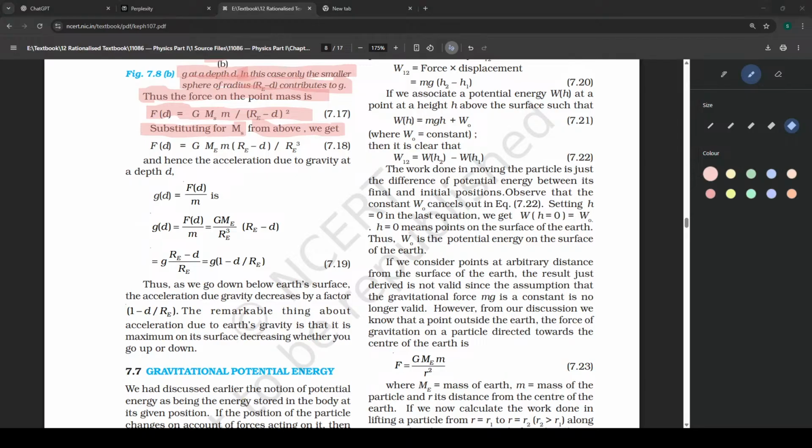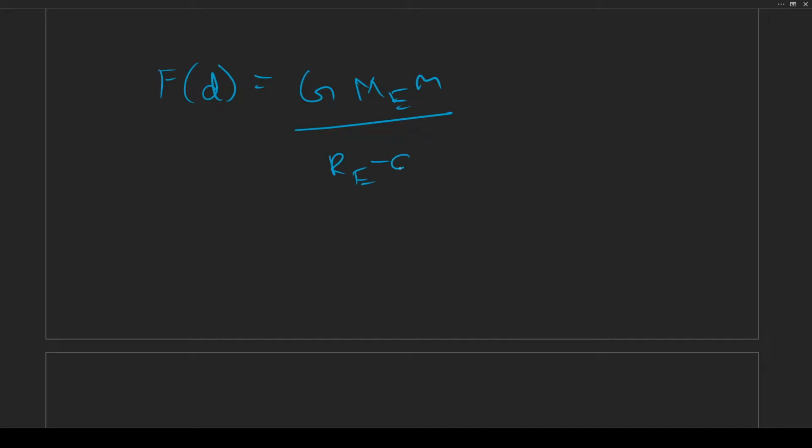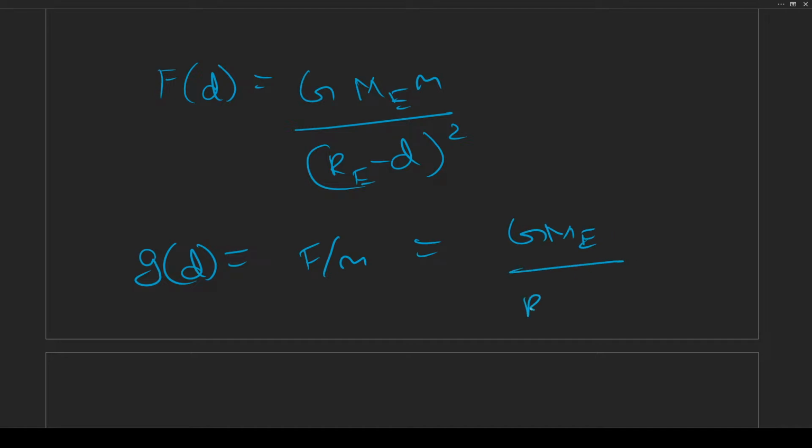Basically, force at depth d is equal to G M ms by (Re minus d) whole square, and g at depth d is F by M, which is G ms by (Re minus d) whole square.